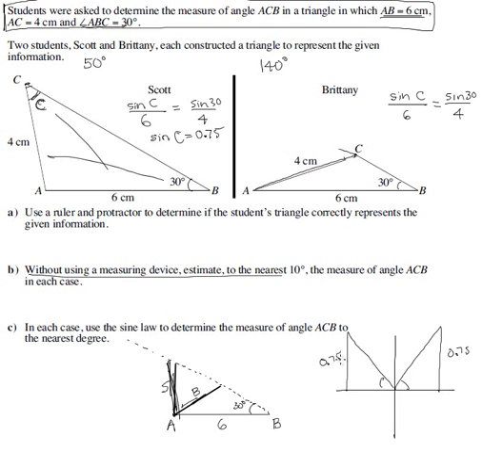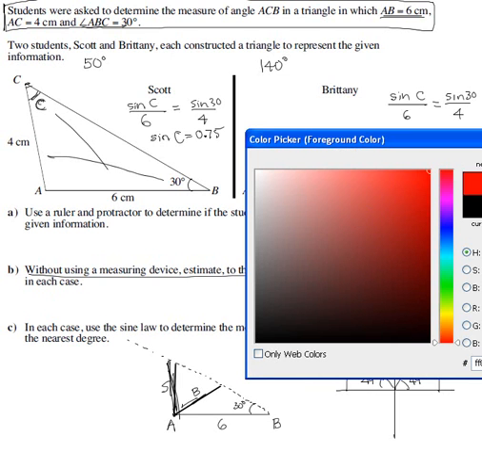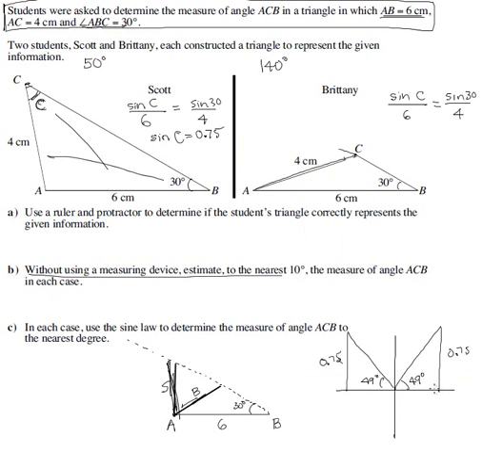Right? Both of these are valid. This is what the ambiguous case is about. We get a sine here that could come out two different ways. It comes out with a reference angle of 49 degrees, but that could be in quadrant 1, or it could be over here. Right? Two valid triangles.